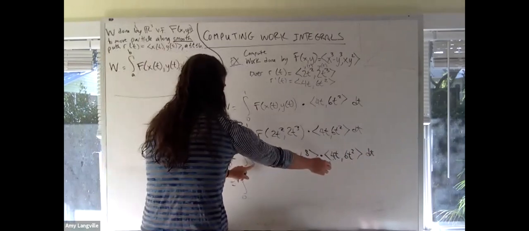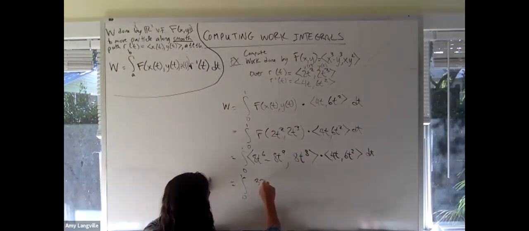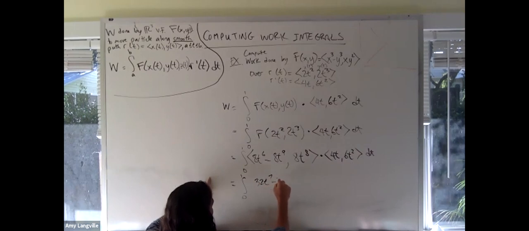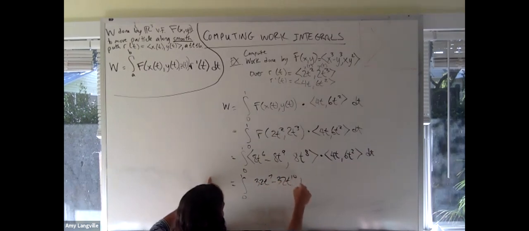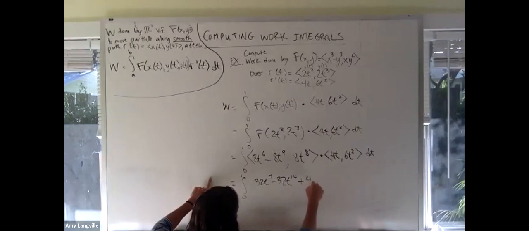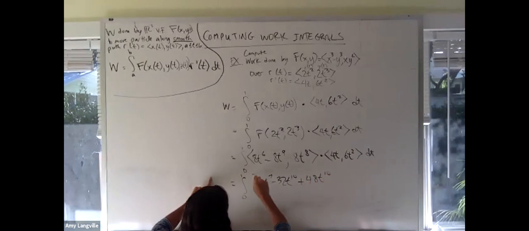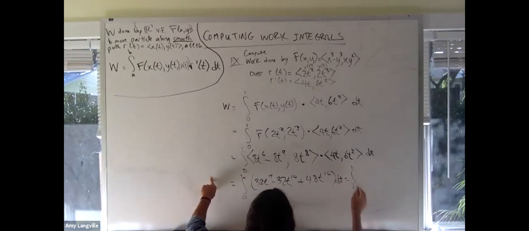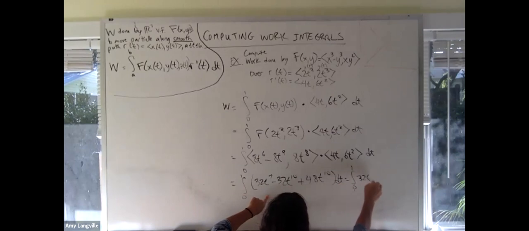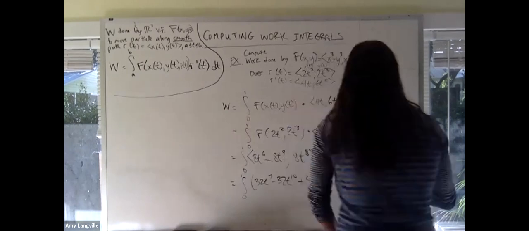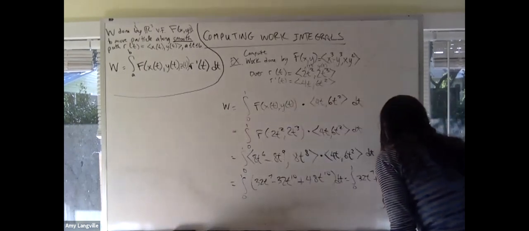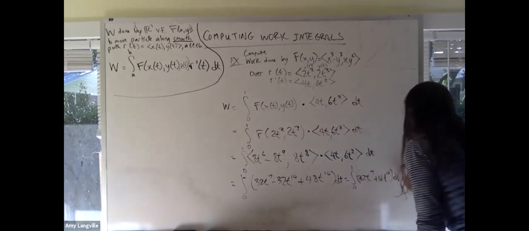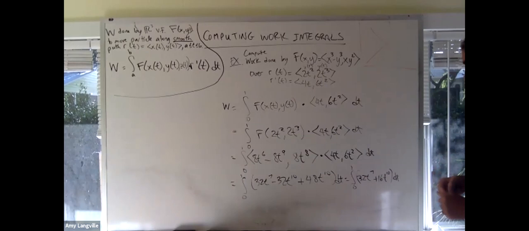We'll have 32t to the 7th minus 32t to the 10th plus 48t to the 10th, which is 32t to the 7th plus 16t to the 10th, dt. All right, now we're ready to do the integration.